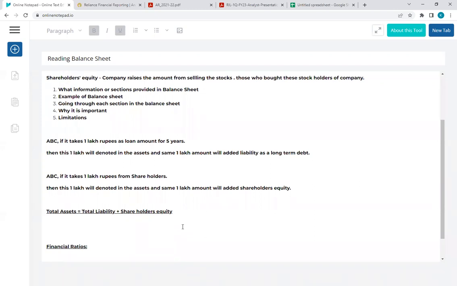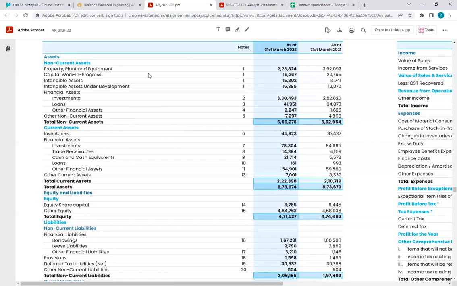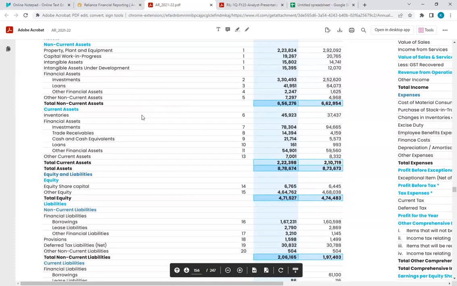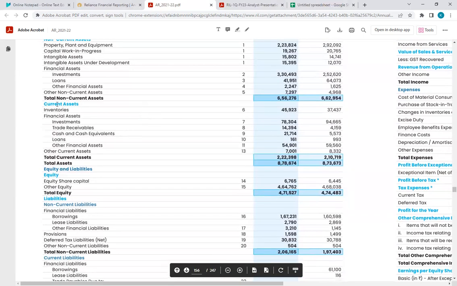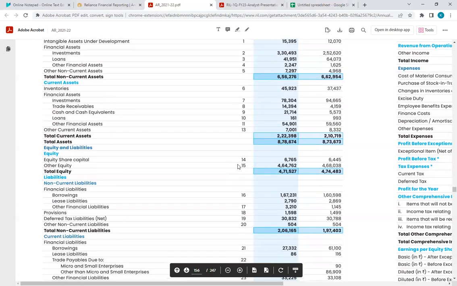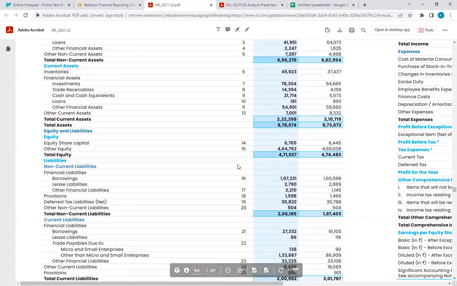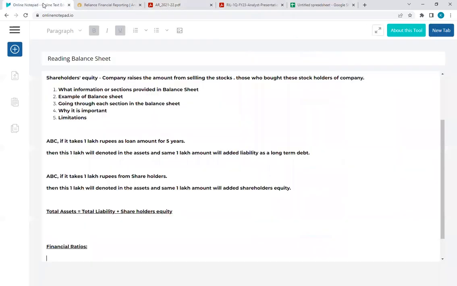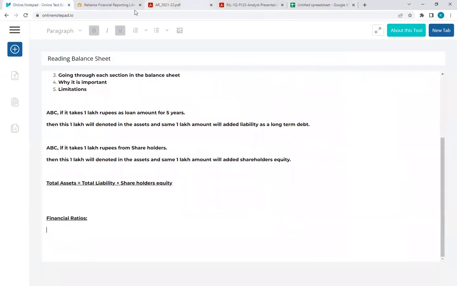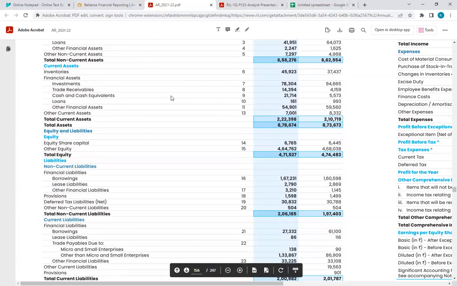These ratios help us understand the information given in the balance sheet. Because by seeing it directly, total assets is equal to 8,78,000, and we cannot say whether this value is good for the company or not. So to get a picture of the state of the company, we use some ratios on the information they provided here.